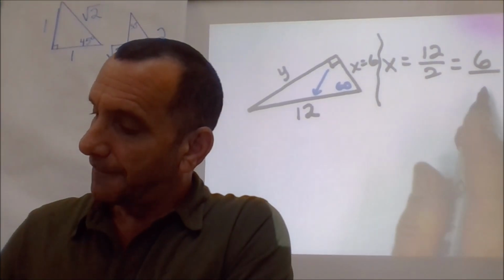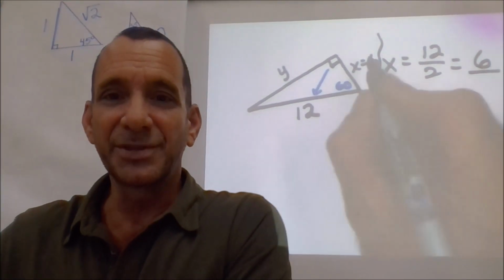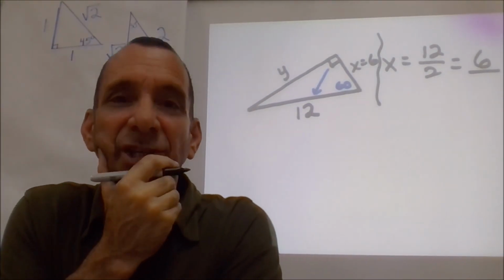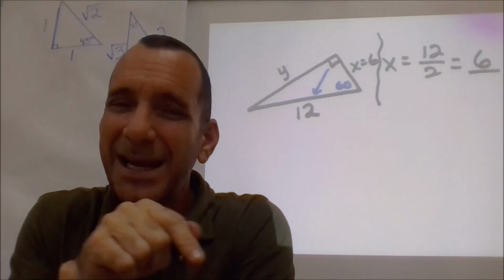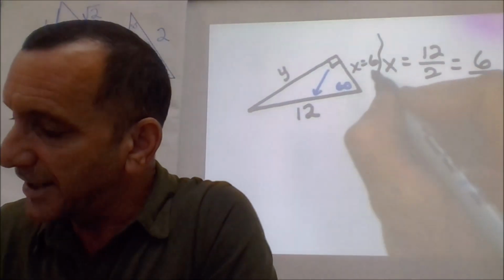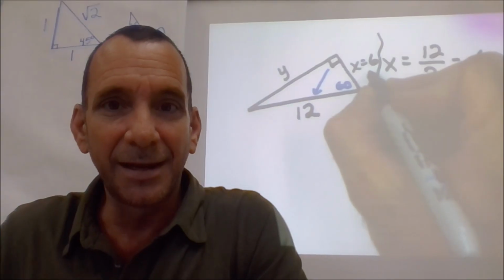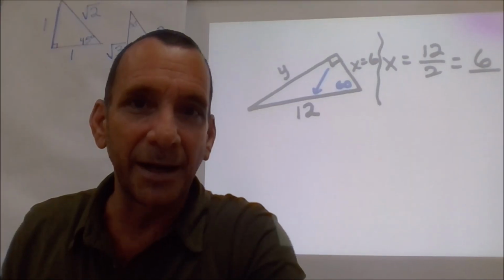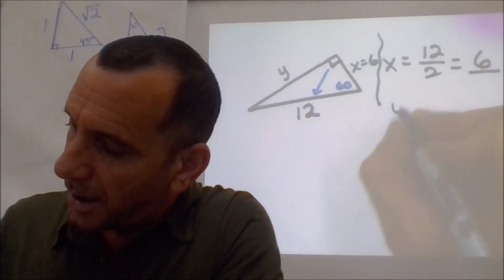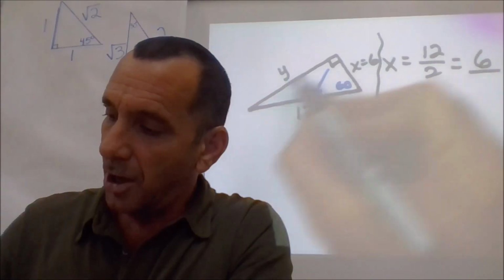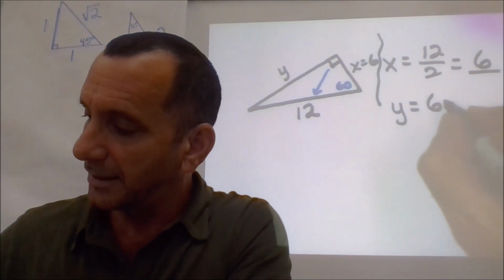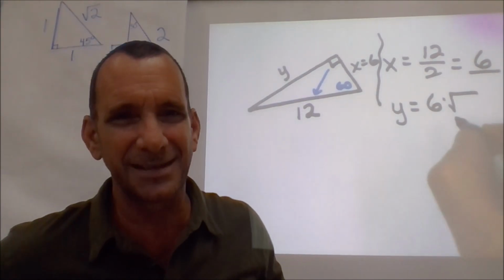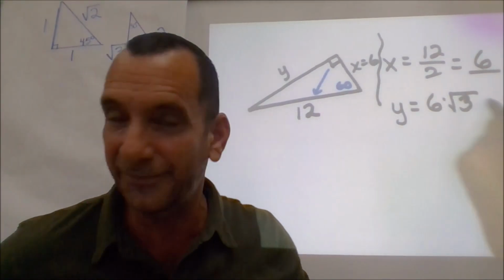Now, to go from the hypotenuse to the long leg, that's going to be pretty tricky. I invite you to do that in higher level math. But right now, let's just keep it simple. Let's say the short leg times something will give us the long leg. Well, I know what that something is. The long leg is the short leg times, what's that fancy radical on a special right 30, 60, 90 triangle? Square root of 3.